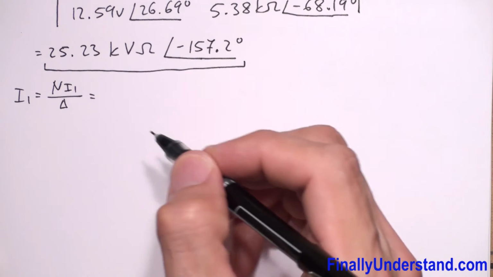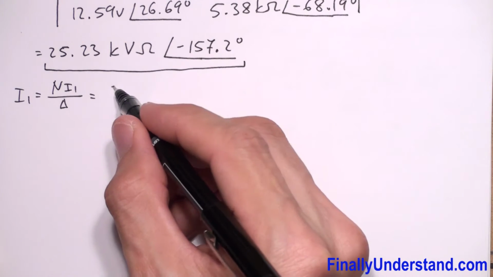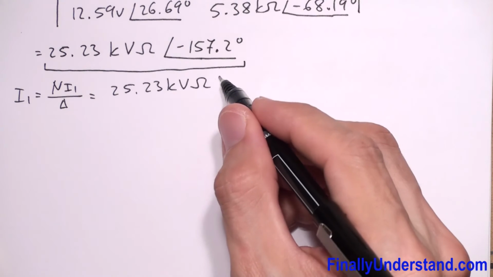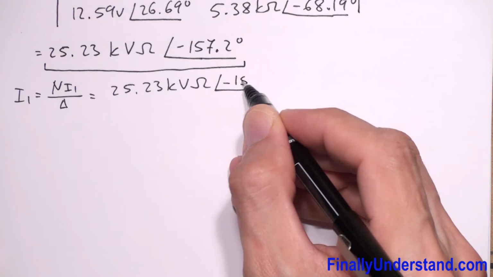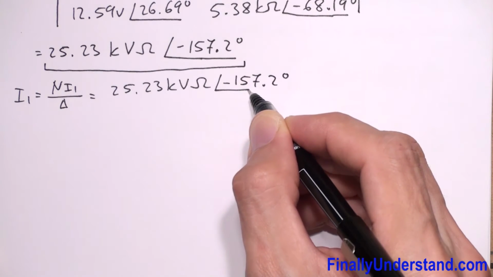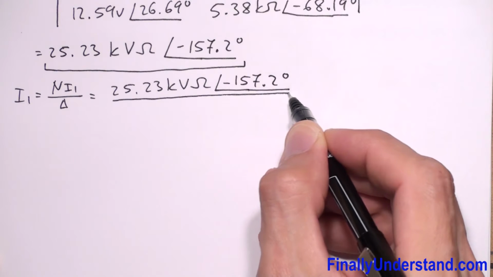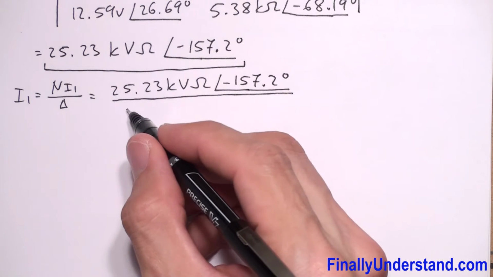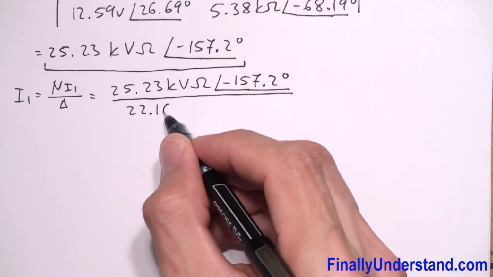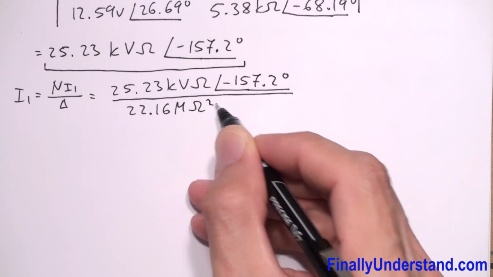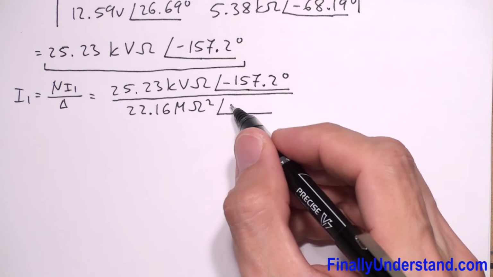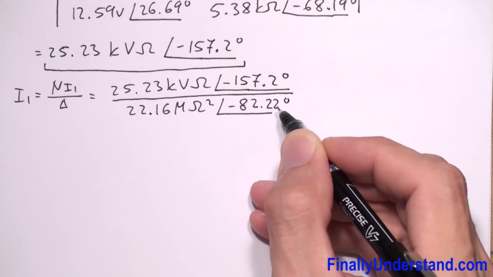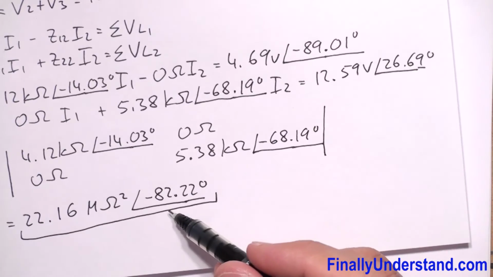So I have 25.23 kV ohm and angle of negative 157.2 degrees divided by delta, and we found that the delta is equal 22.16 mega ohm square and angle of negative 82.22 degrees. So this is the delta which we found over here.